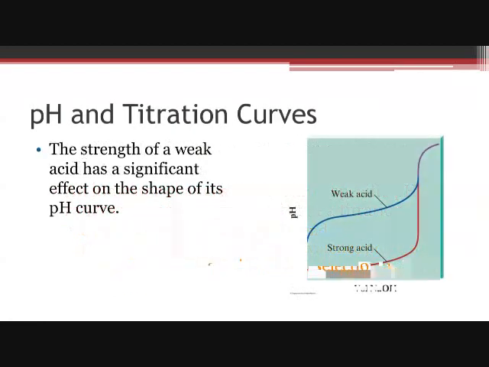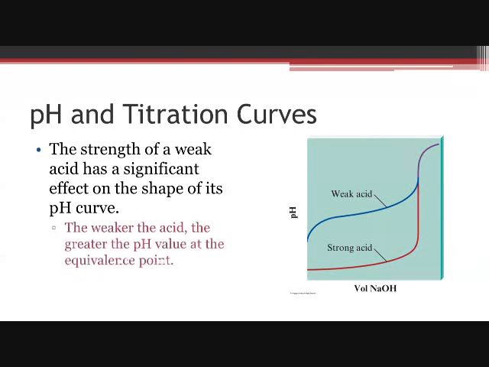Okay. When we're reading the pH curves, like I started to say, the shape of the curve can tell you a lot of things. So the weaker the acid, the greater the pH value will start out, so the higher up it will start. And also, the greater the pH value will be at the equivalence point.